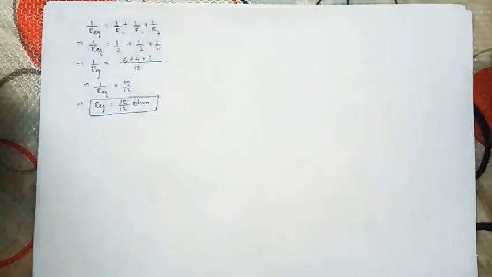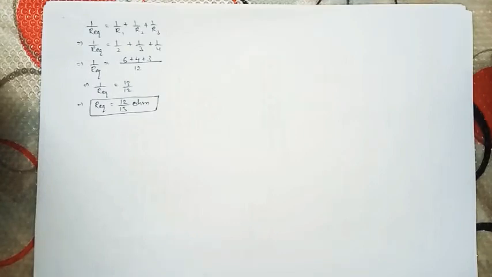So we can say that if resistances are connected in the series combination, then we get the highest resistance by combination of such resistances, and if they are connected in the parallel combination, then we get the lowest resistance. Okay, now we move on to the next question.